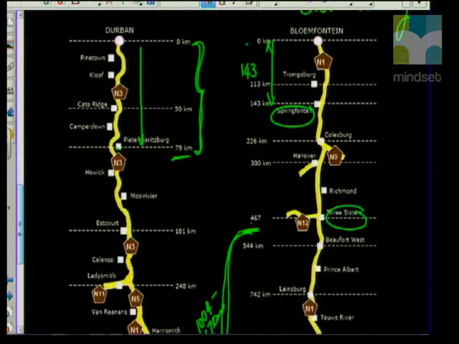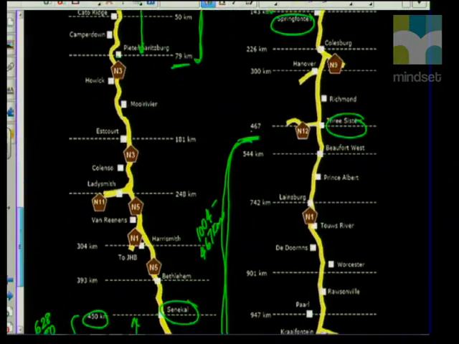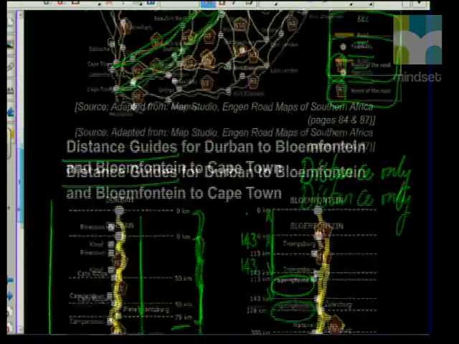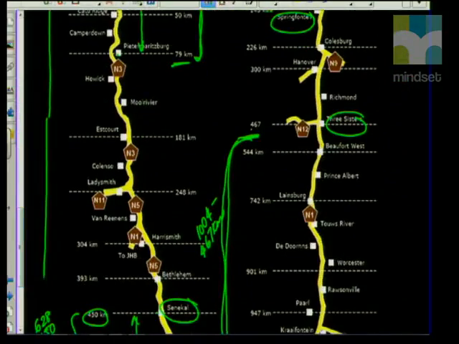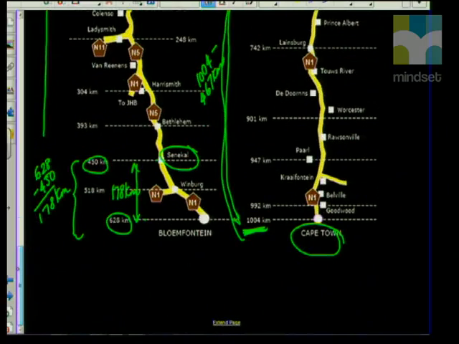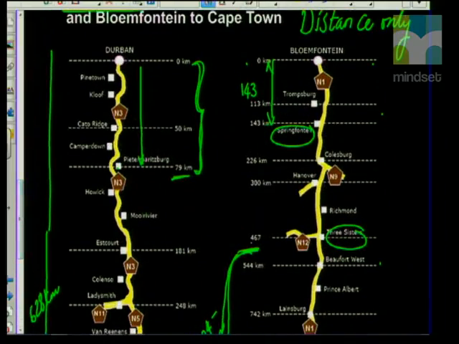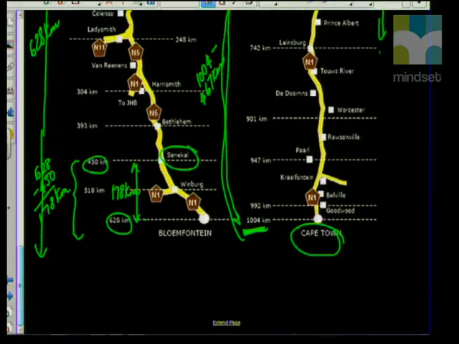So I know that Durban all the way to Bloemfontein is going from the top of this map all the way to the bottom of this map, which is a whole 628 kilometers. And then on the other side, from Bloemfontein all the way to Cape Town is going to be 1,004 kilometers.